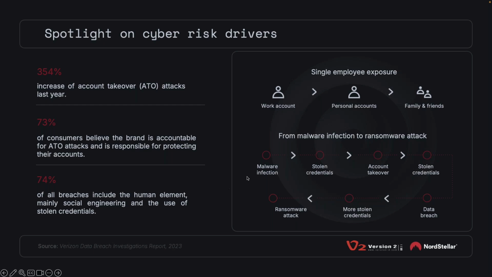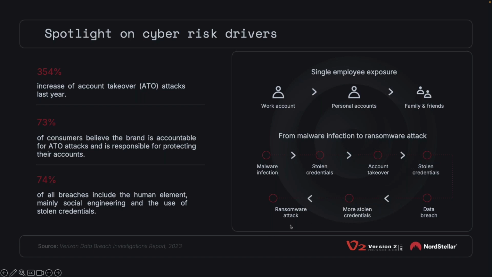For example, this is a very simple flow. A malware infects, steals the credential, the account is taken over, and then they get more credentials, a data breach, more stolen credentials, and then more credentials will be stolen, including administrator rights.